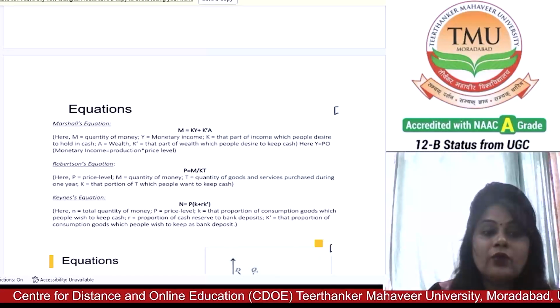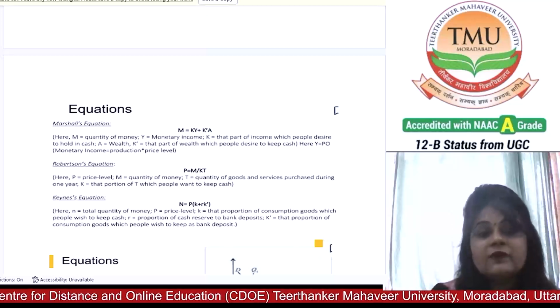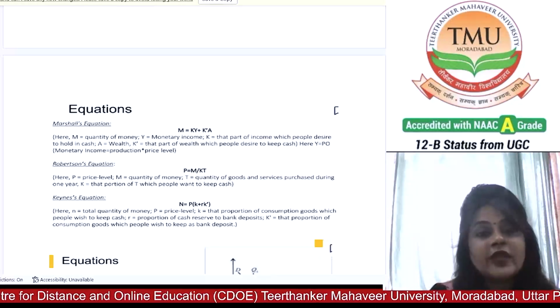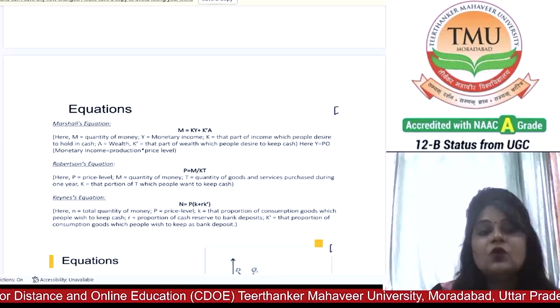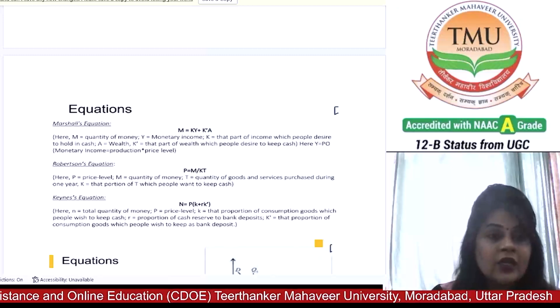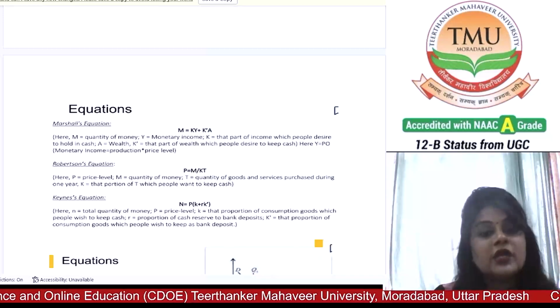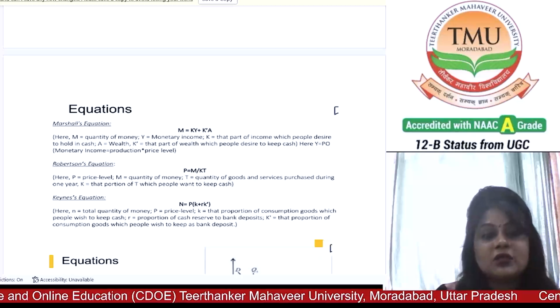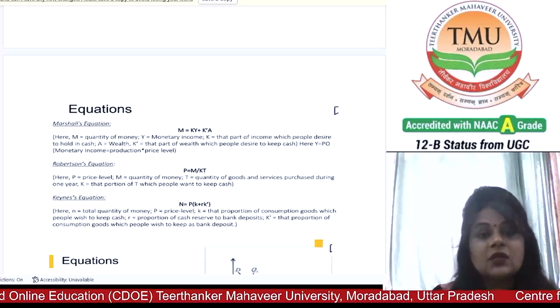Now they want to have cash balance representing 1/7 of the national income. This means they want to have more cash with them, which is possible only by curtailing expenditure on goods and services, which in turn means less demand for them and hence a fall in their prices.